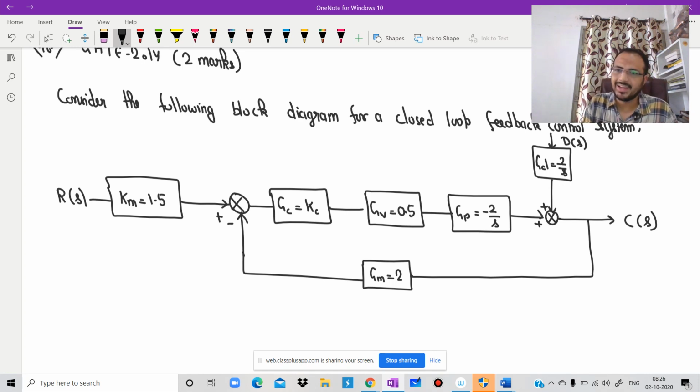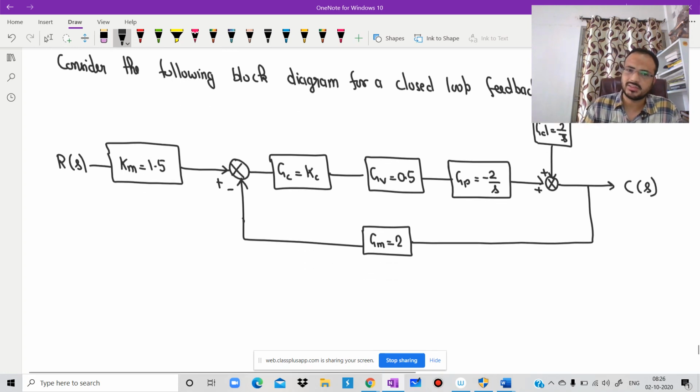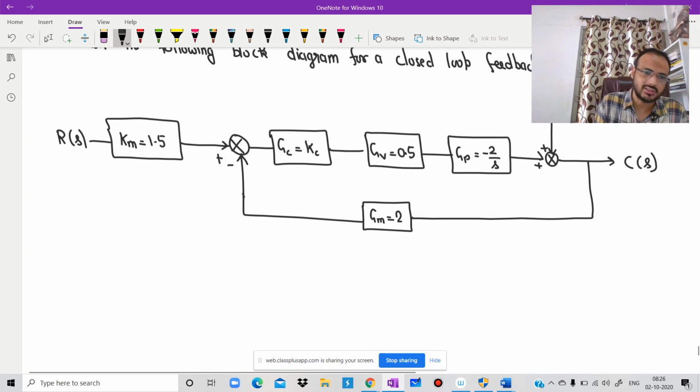Remember your initial classes. This is a standard one, and it is which model? Model number 2, and with the help of model 2, we can solve within minutes, and you will get the transfer function.